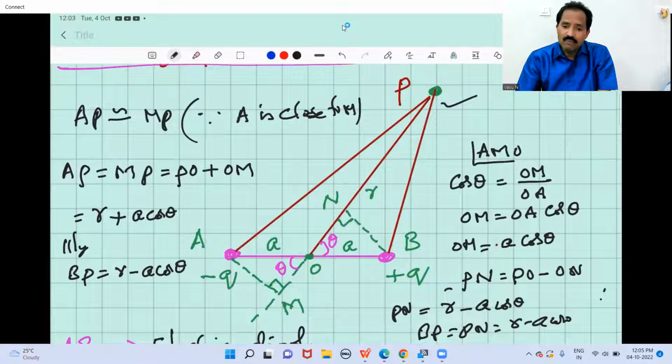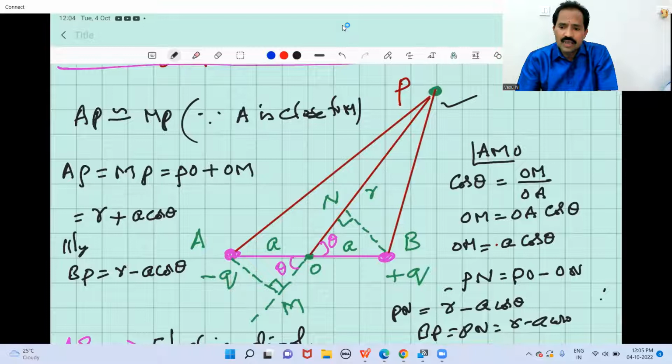Now, how can MP or PM be written? PO plus OM. PO is R, small letter R, plus OM. How to write OM? A cos theta. Look at the right side of the diagram. From triangle AMO, what is cos theta? Adjacent side by hypotenuse side.